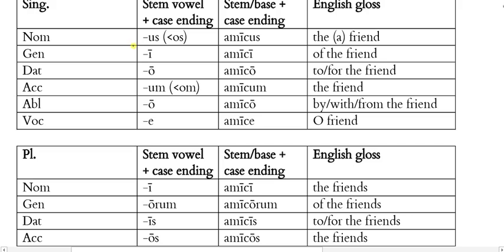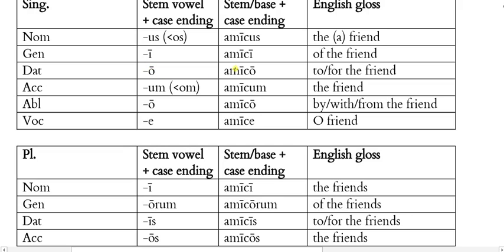The nominative singular is us, which is from os, where the o has weakened to the u. So you'll see us most of the time, and we get amicus as our form here for the friend or a friend. And then we have i for the genitive singular, and amici, of the friend.